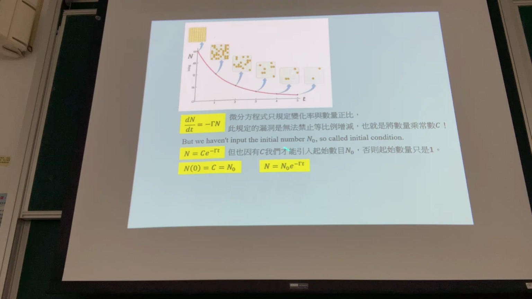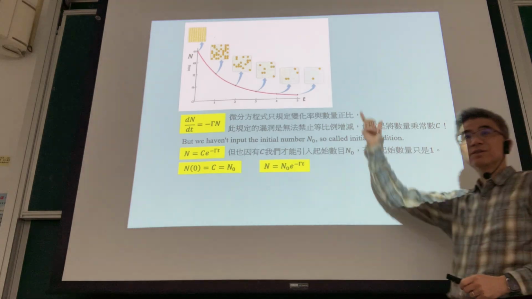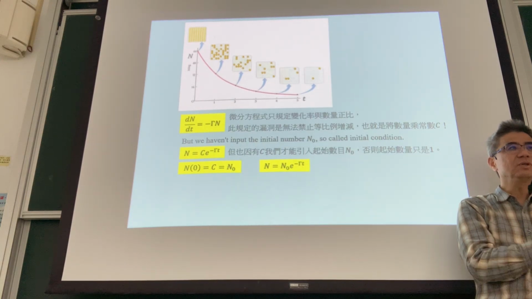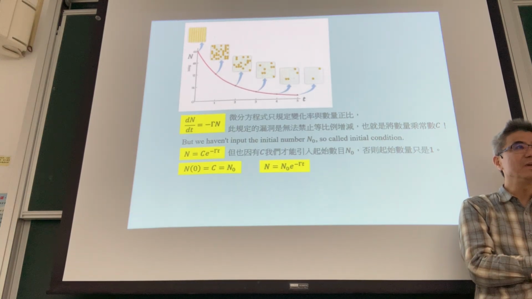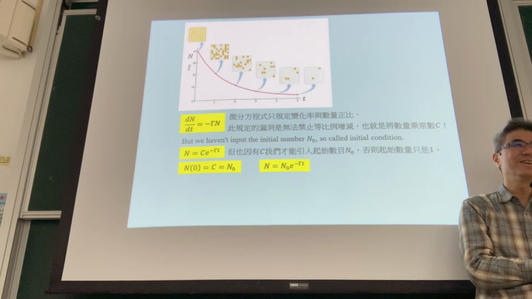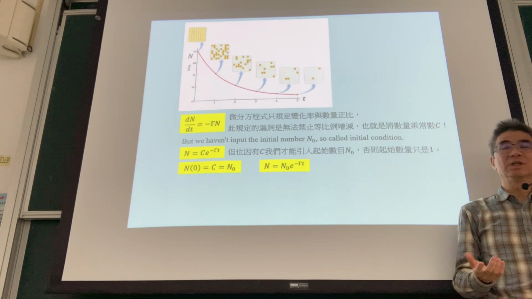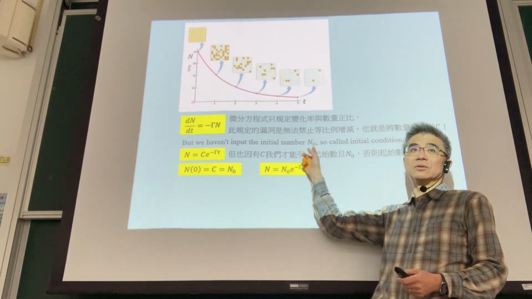But students may have a question here. We haven't put in the initial condition yet, right? So, to determine the number of nuclei, don't you need to tell me how many nuclei we start with? Of course, it's physics. It's obvious. We need to tell you N0.